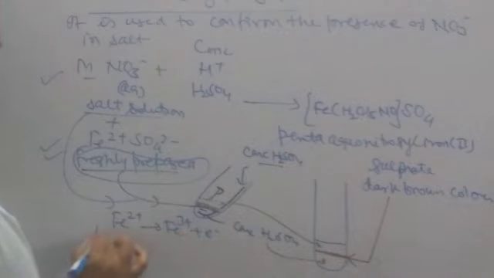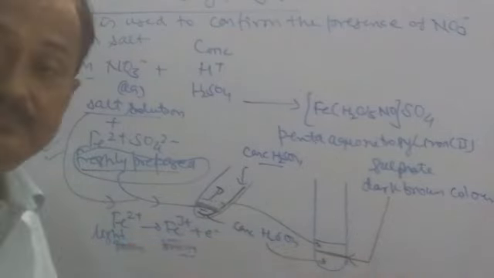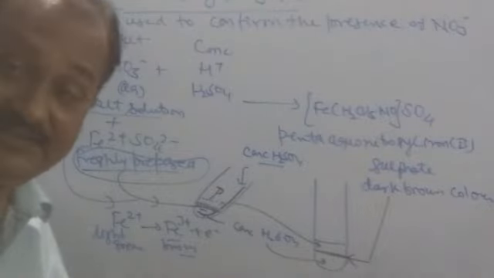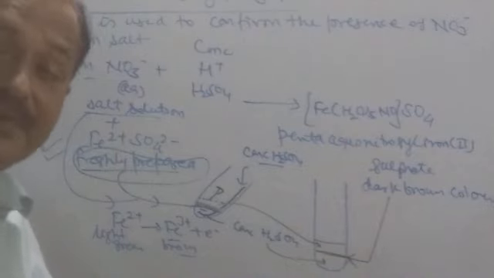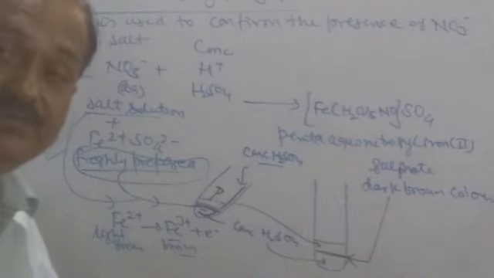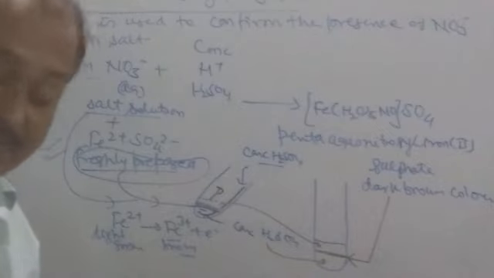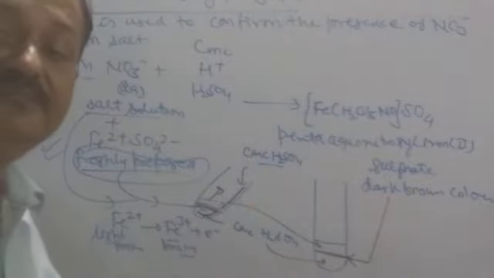Here it is light green, and here it becomes brown. Fe3+ is brown. So it is advised to always use freshly prepared ferrous sulfate solution, because ferrous is oxidized to ferric, and so there can be some problem. And so this is the complete explanation of nitric acid.